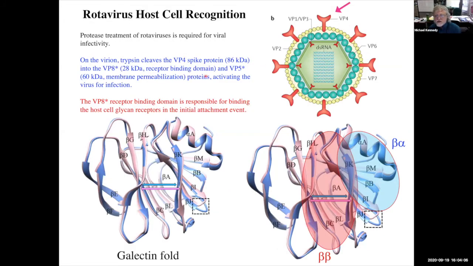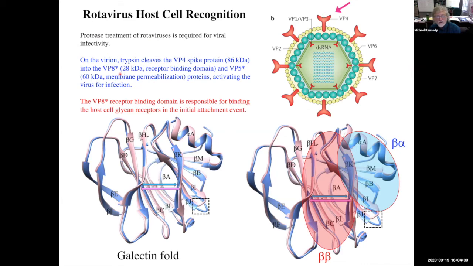So if we spend just a little bit more time on that, focusing on VP4. This VP4 spike protein requires protease activation. And the result of that protease activation is exposure of the VP8 star domain. Here I have my VP4 protein here.